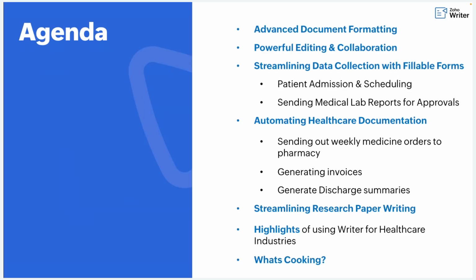We'll also take a look at research paper writing, where we'll highlight Writer's advanced formatting capabilities, including citations, cross-referencing, and bibliography management, making it a powerful tool for drafting well-structured medical research papers. Finally, we'll go over the key benefits of using Writer for healthcare and wrap up with what's cooking, where we'll give you a sneak peek into upcoming features designed to enhance your experience even further.